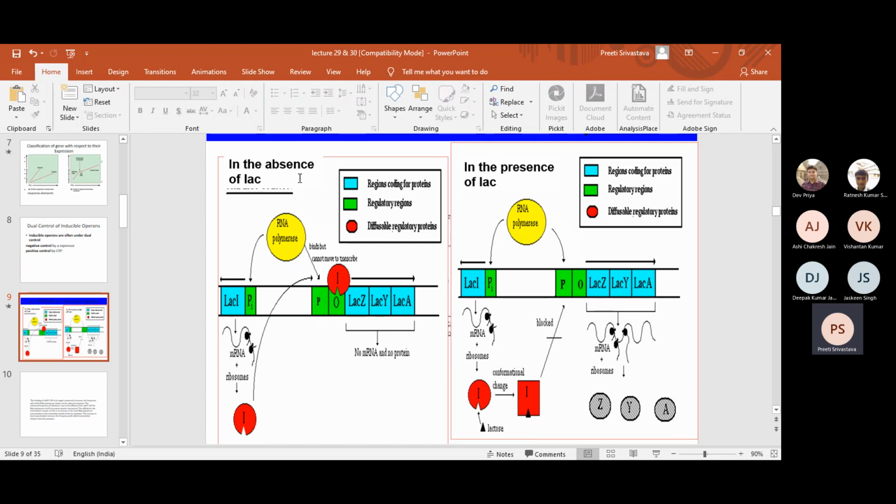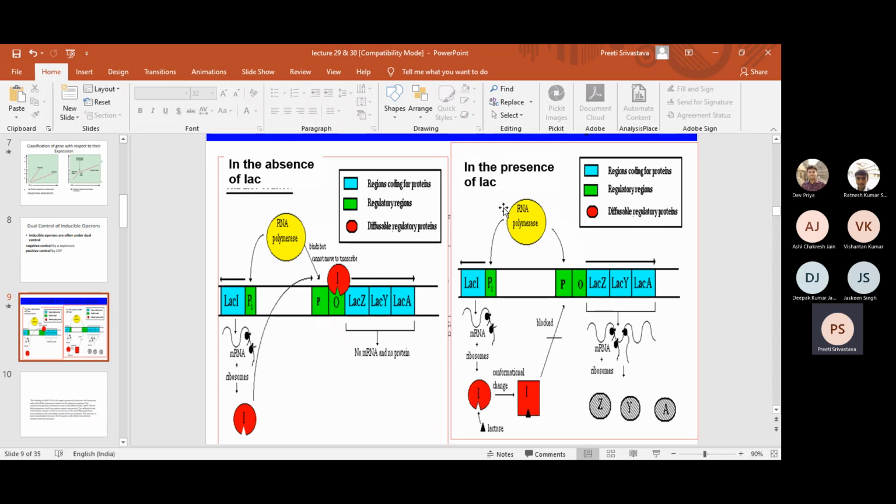So in the absence of lactose, the operon is switched off, because the lac repressor is bound to the operator, which serves as a roadblock for RNA polymerase to transcribe the operonic genes. Right? Yes, ma'am.